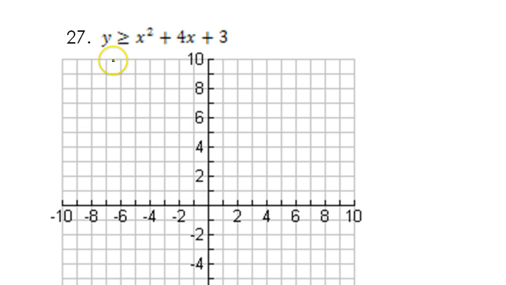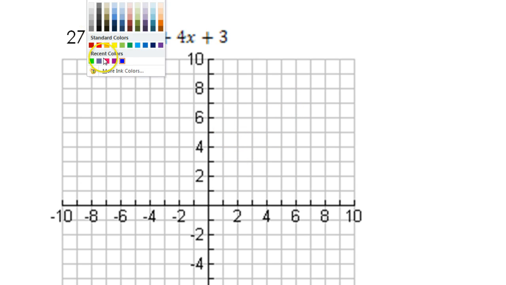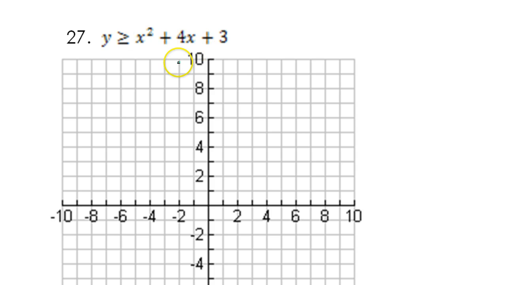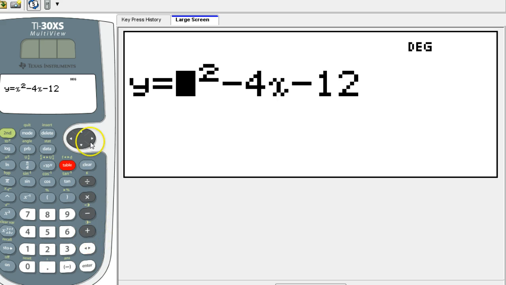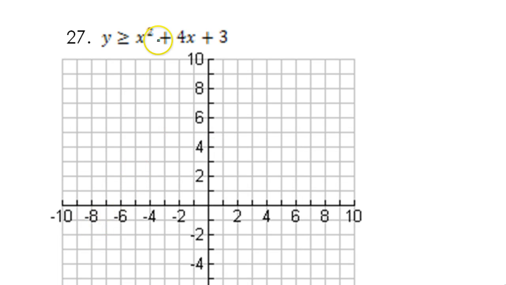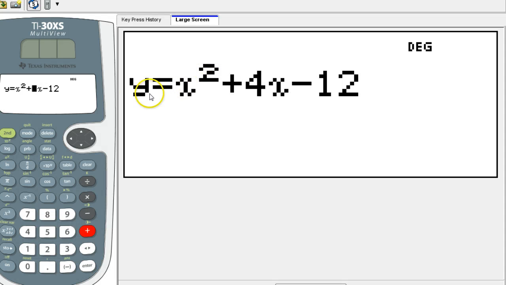Alright, last problem, number 27. Again, we need to plot some points. Let's put this in the calculator. Okay, so I have x squared plus 4x plus 3.